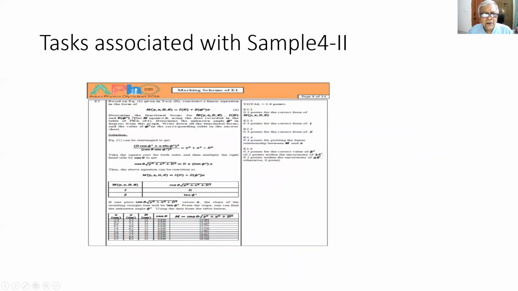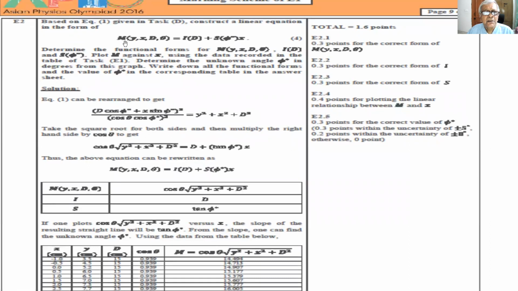Now, based on equation 1 given in task D, construct a linear equation in the form, this is called linearizing the data. Let me just zoom this a bit. This is the kind of thing that you are supposed to linearize the data on.